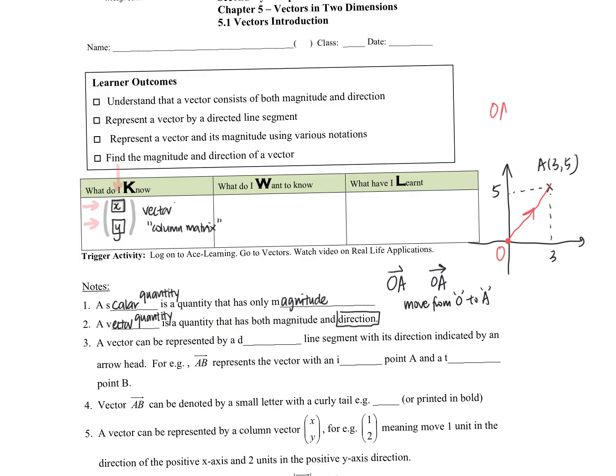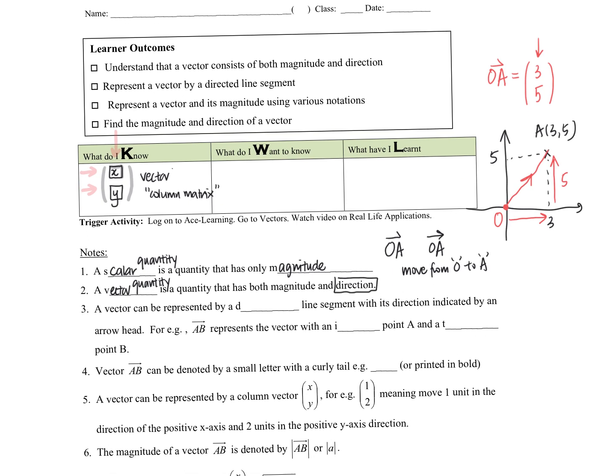To move from O to A, I need to move 3 units to the right. Okay, this one tells me X direction, move how many units. So 3 units to the right, and then I move up by 5 units. So 3, 5 means moving 3 steps here and then go up by 5 steps. So this is moving from O to A.